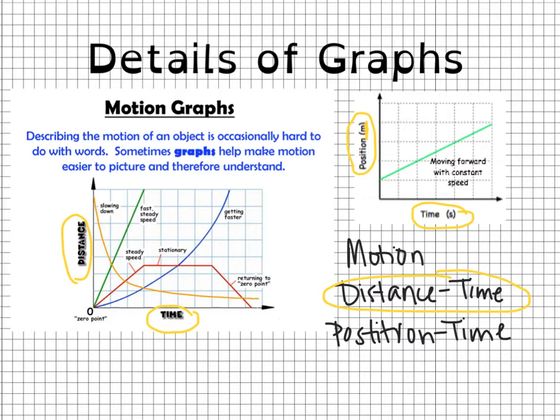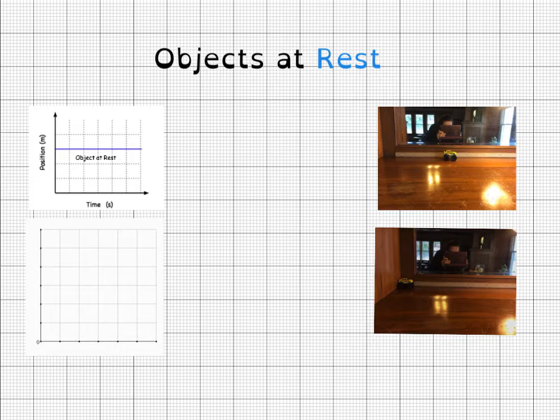A lot of the math you look at is a rate and its slope, usually just speed or that rate of movement. This one's going to be a little different, so please bear with me and pay attention to some of those details that I'll point out. The first distance time graph we're going to look at is for objects at rest, meaning objects that are not moving.